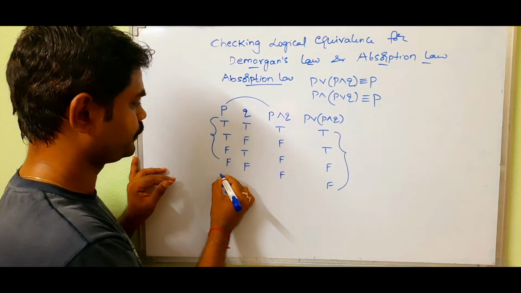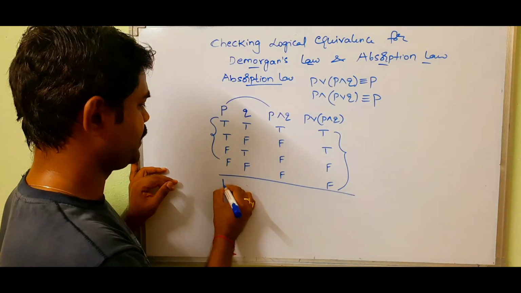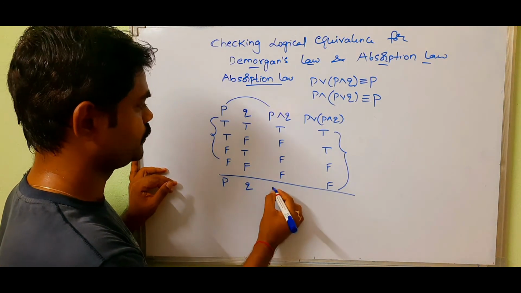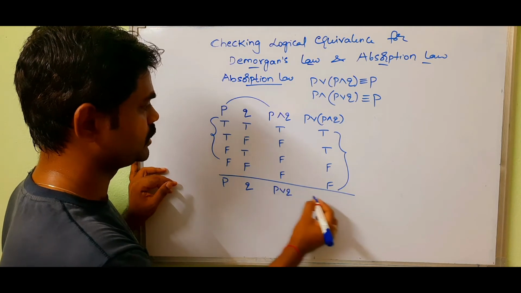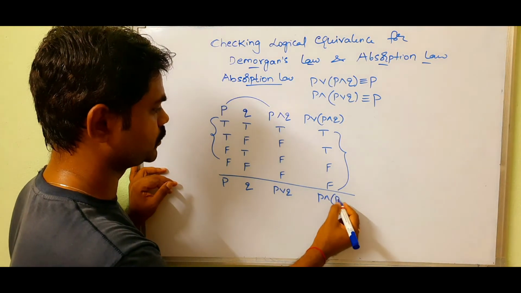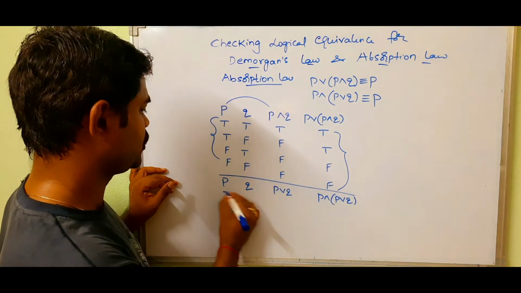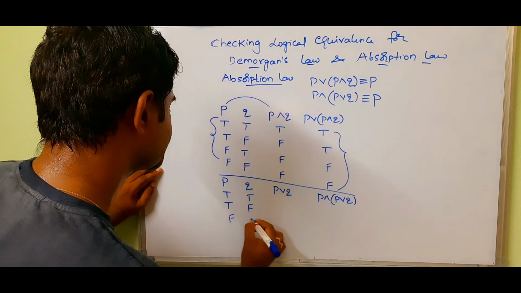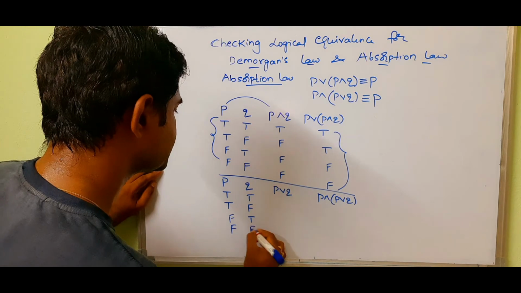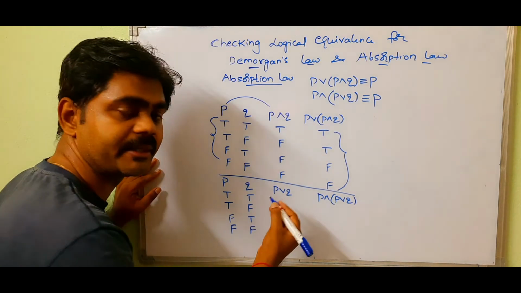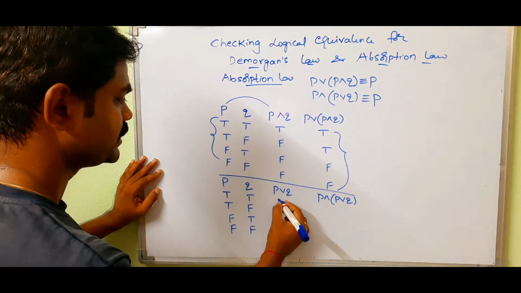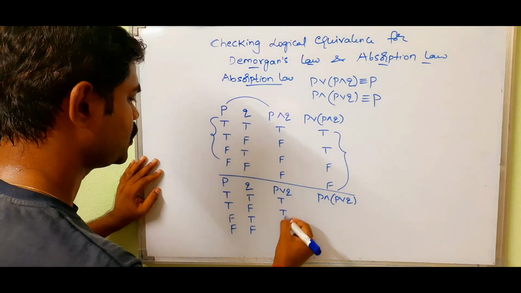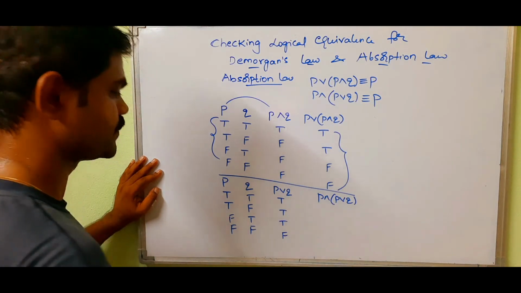Okay. So now we'll see the dual. Again, the columns are P, Q, P or Q, P and (P or Q). P and Q are true, true, false, false and true, false, true, false. What is P or Q? Either one can be true, right? So true, true, true, false.